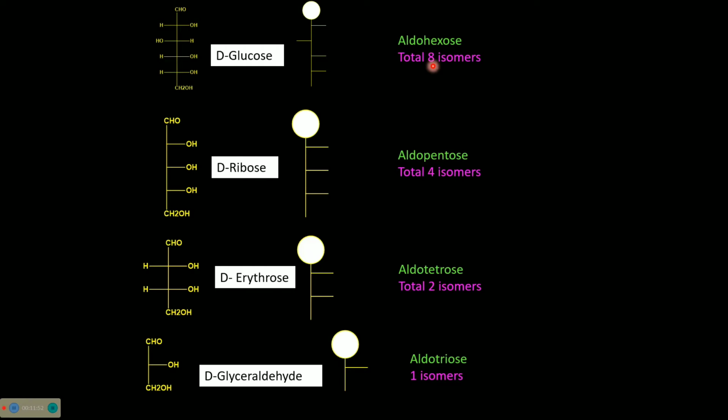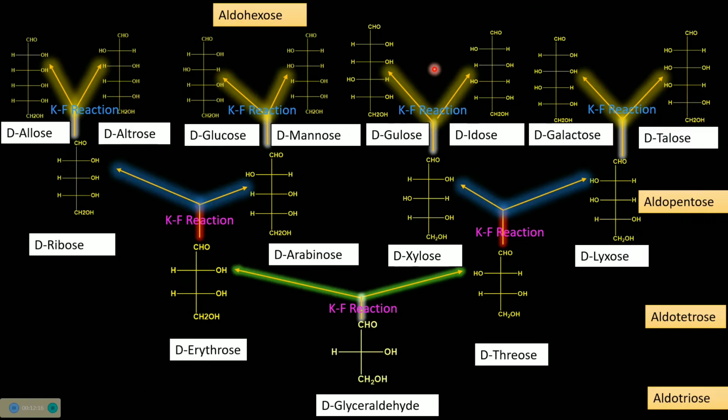So I hope you understand. Now we will draw the structures of all isomers of the different aldoses, and I will show you the easiest and simplest trick to draw the structures and to remember the names of all structures. So let's move.